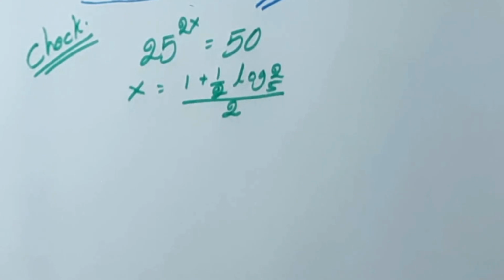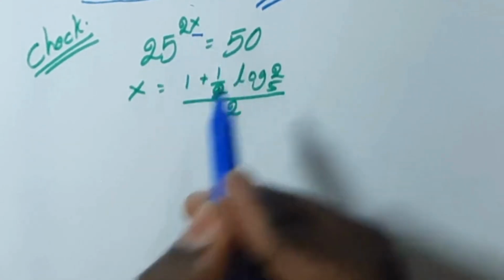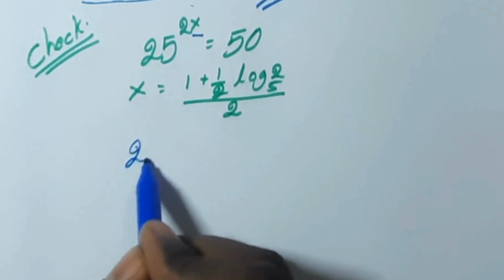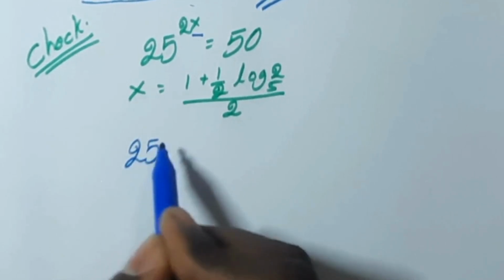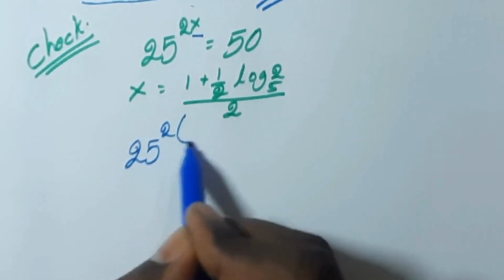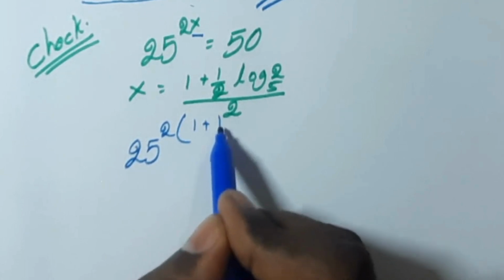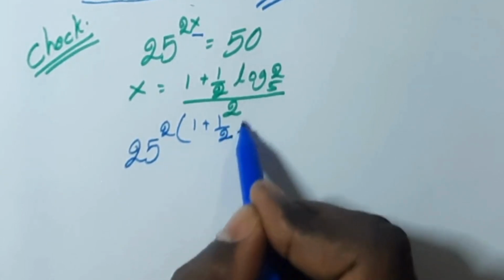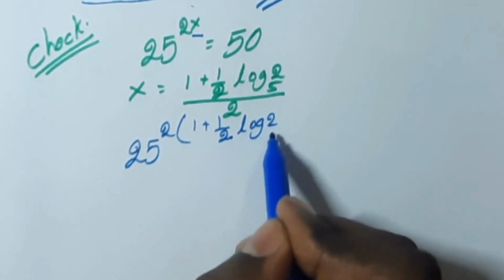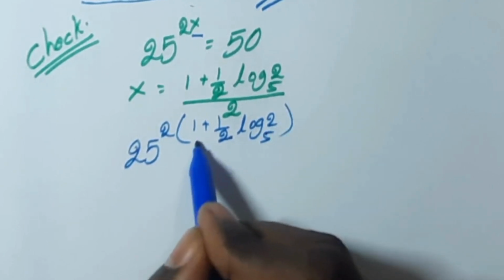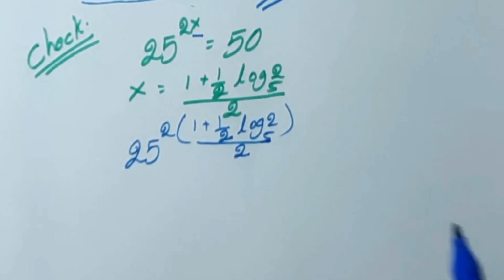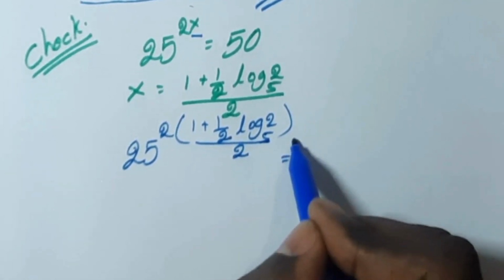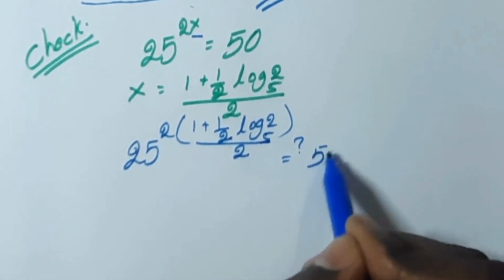We are going to apply this x here. So 25 power 2 times of 1 plus 1 by 2 log 2 base 5 divided by 2 equal to 50.